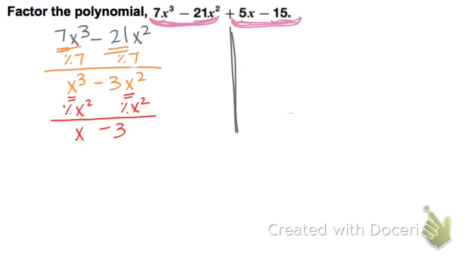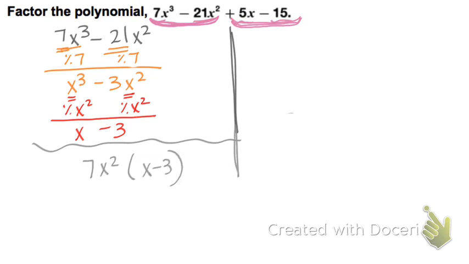Nothing besides 1, and that's not going to change it at all. So what we have done so far is we have divided by 7, and we have divided by x squared. And what we have left is x minus 3. So we have factored that side.